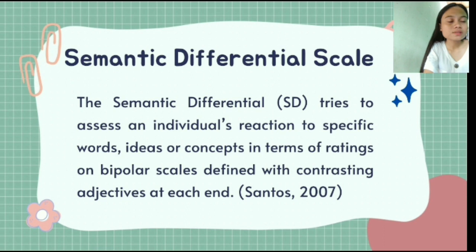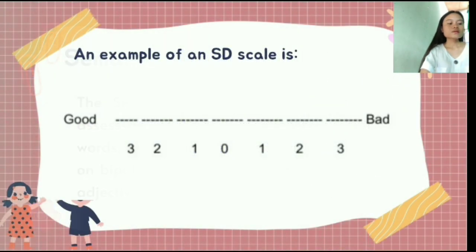According to Santos, the semantic differential scale tries to assess an individual's reaction, just like what I said earlier, to specific words, ideas, or concepts in terms of ratings on a bipolar scale defined with contrasting adjectives at each end. So this is one great example of a semantic differential scale.